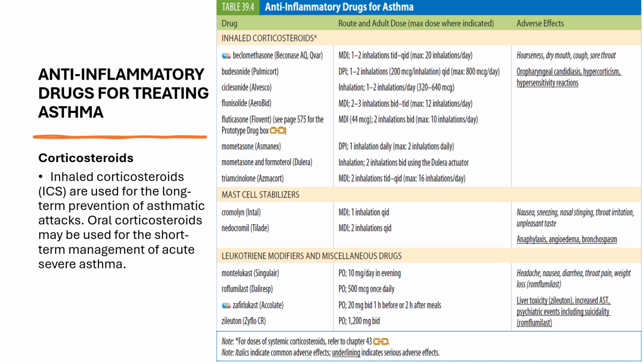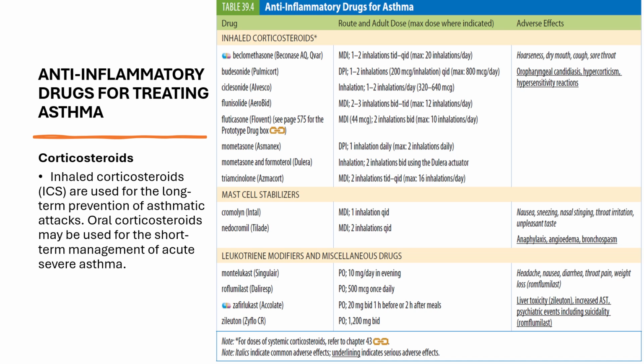Inhaled corticosteroids must be taken daily to produce their therapeutic effect, and these drugs are not effective at terminating acute asthmatic episodes in progress. Most patients with asthma carry an inhaler containing a rapid-acting beta agonist to terminate acute attacks if they occur.